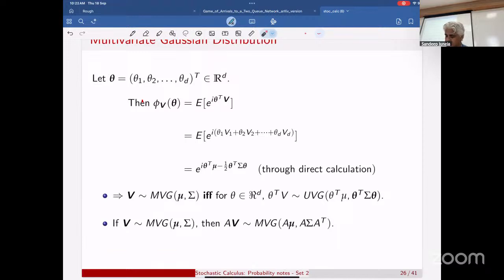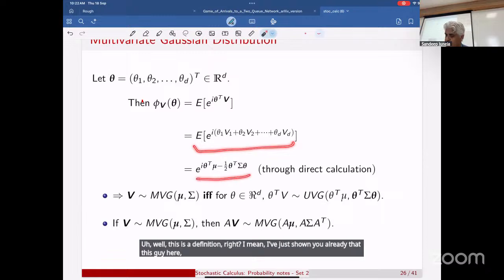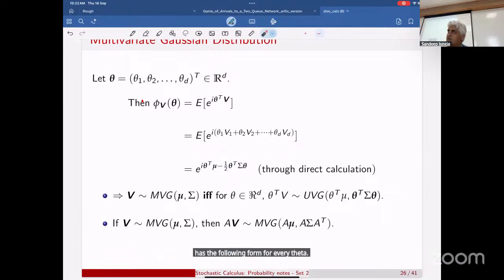So the multivariate Gaussian V, its characteristic function is given as follows for every theta. Well, this is a definition, right? I've just shown you already that this guy here has the following form for every theta. So we've already shown it. And this guy here is actually the characteristic function of the multivariate Gaussian at theta. It's also the exponential moment of this random variable, e to the power I, a single Gaussian variable.